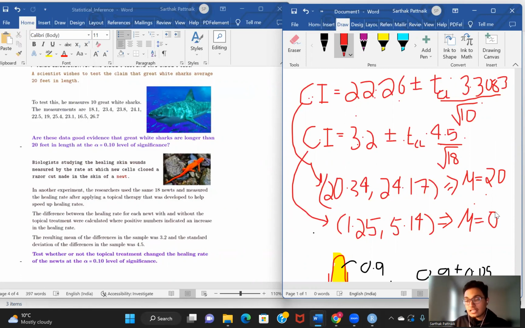So as discussed when we were discussing z-test, when the assumption that we have taken for the population parameter during our null hypothesis does not lie within the confidence interval and lies outside it, then we can say that we have sufficient evidence to reject the null hypothesis because our assumption does not lie within the confidence interval. So because 20 does not lie in this interval and 0 does not lie in this interval, in both these cases, we have sufficient evidence to reject the null hypothesis, right?